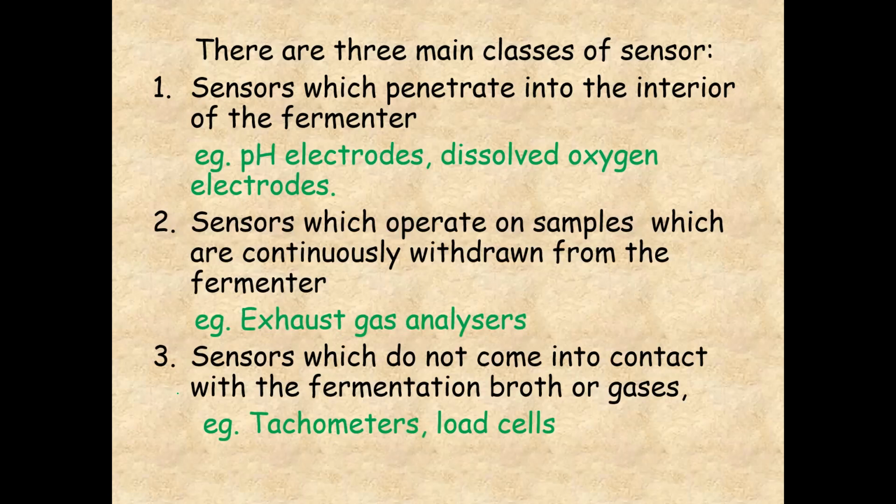These sensors, the third type, are neither directly part of the fermenter or integrated into the fermenter, nor do they come into contact with the broth or gases. Example, tachometers, load cells.